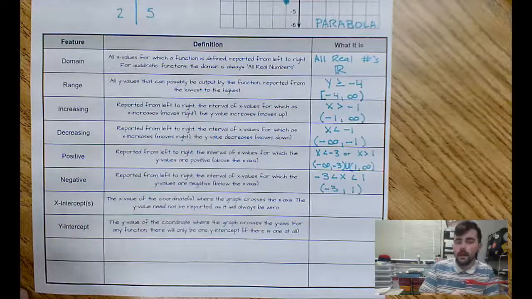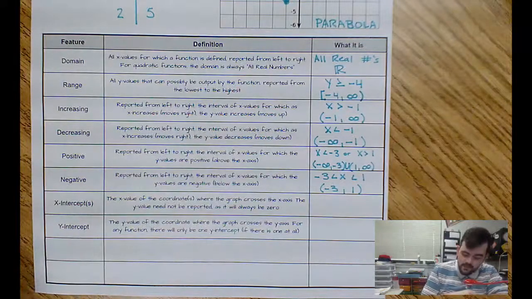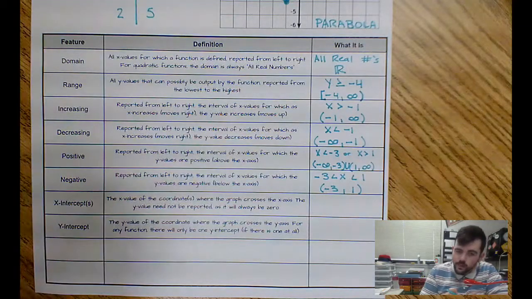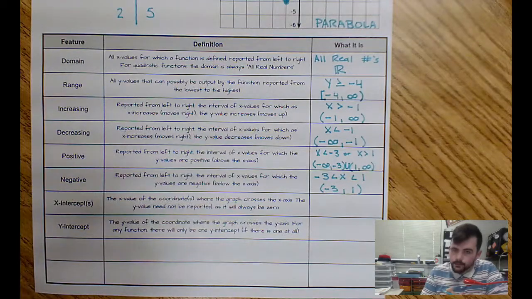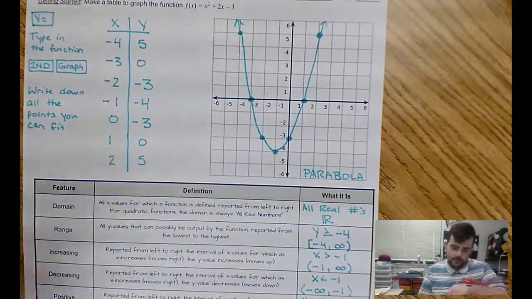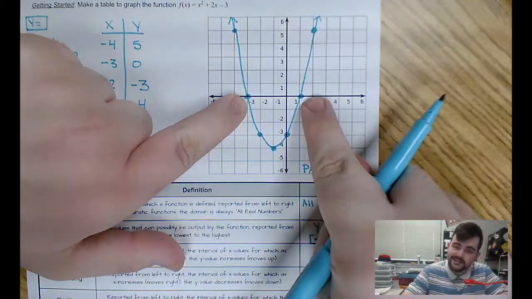Okay? Your x-intercepts, you just say the x value of the coordinate or coordinates where your graph crosses the x-axis. You don't need to report the y value, because if it's an x-intercept where it crosses the x-axis, the y value is going to be 0. Okay? So, I hope you agree that this and this are both x-intercepts.